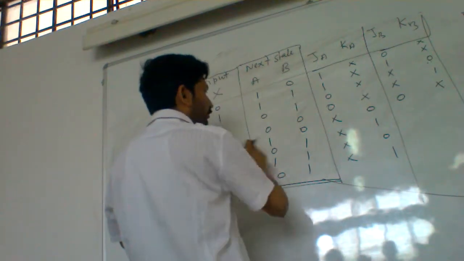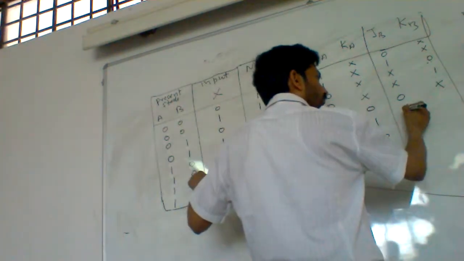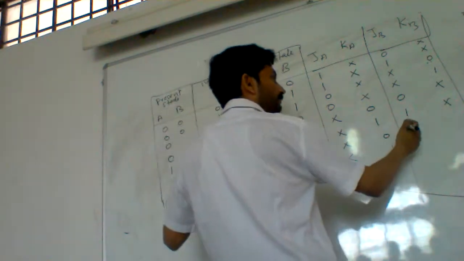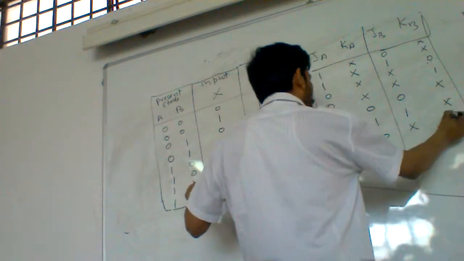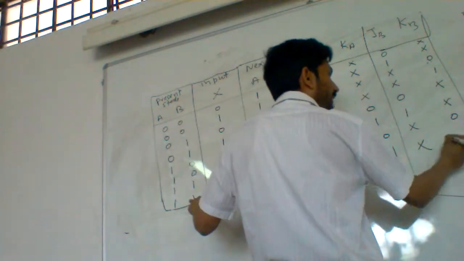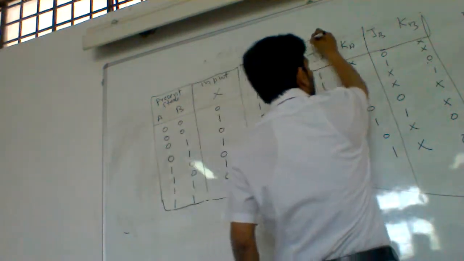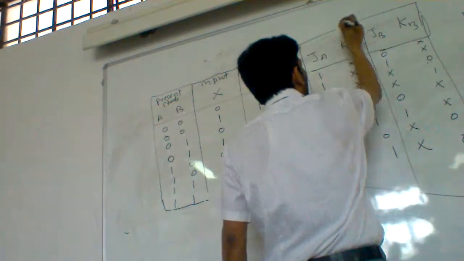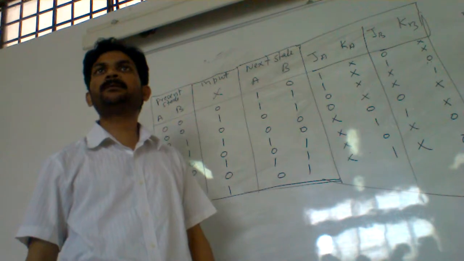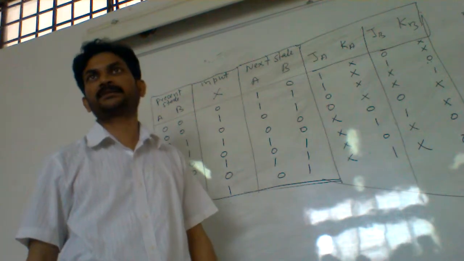See here 0 to 1 gives 1, don't care. 1 to 1 gives don't care, 0. 1 to 1 gives don't care. So now this is your excitation table of the given exercise.